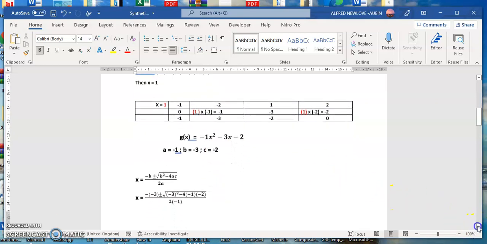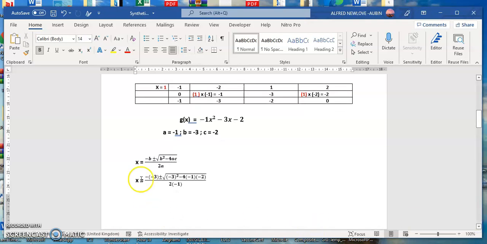Substitute into the formula: minus b is minus 3, squared minus 4, your a is minus 1, and your c is minus 2, divided by 2, your a is minus 1.